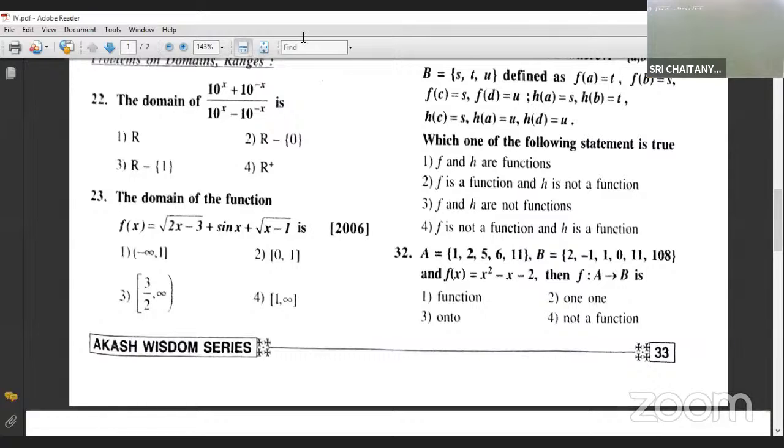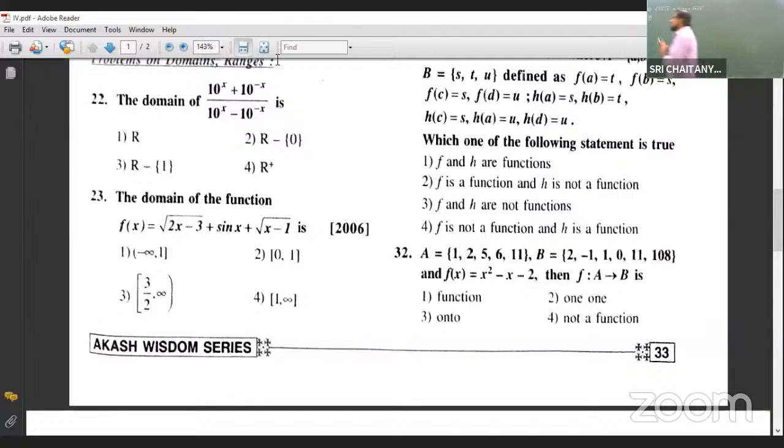Yes, see here. Normal method. This is in the form of root of f of x plus g of x plus h of x. So you should find the domains separately and write the intersection of those three domains.